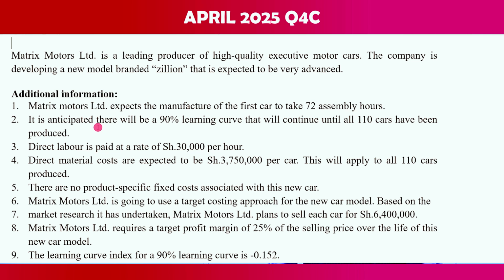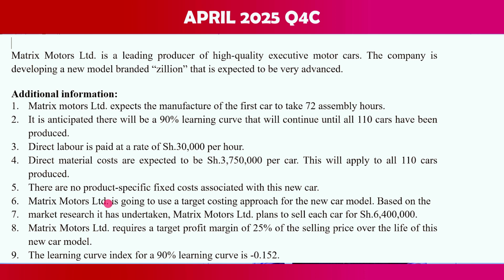It is anticipated that there will be a 90% learning curve that will continue until all 110 cars have been produced. Direct labor hour is paid at a rate of 30,000 shillings per hour. Direct material costs are expected to be 3.75 million shillings per car. This will apply to all 110 cars produced.